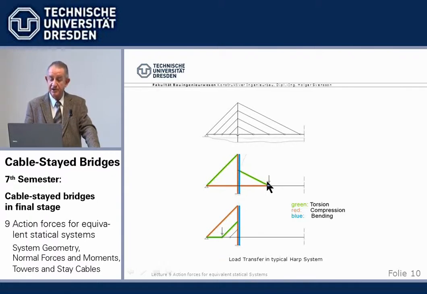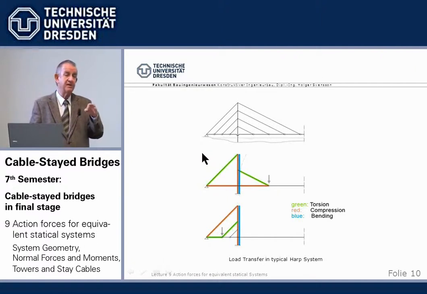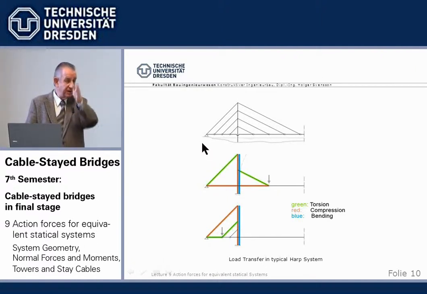For an intermediate load, the force must run up the tower to be anchored by the backstay. So we have here a certain bending moment in harp bridges, which is one of the reasons why harp configurations require a little bit more material, because we need a bending stiff tower, whereas if all the stays run together here, we do not per se need the bending stiffness in the tower.